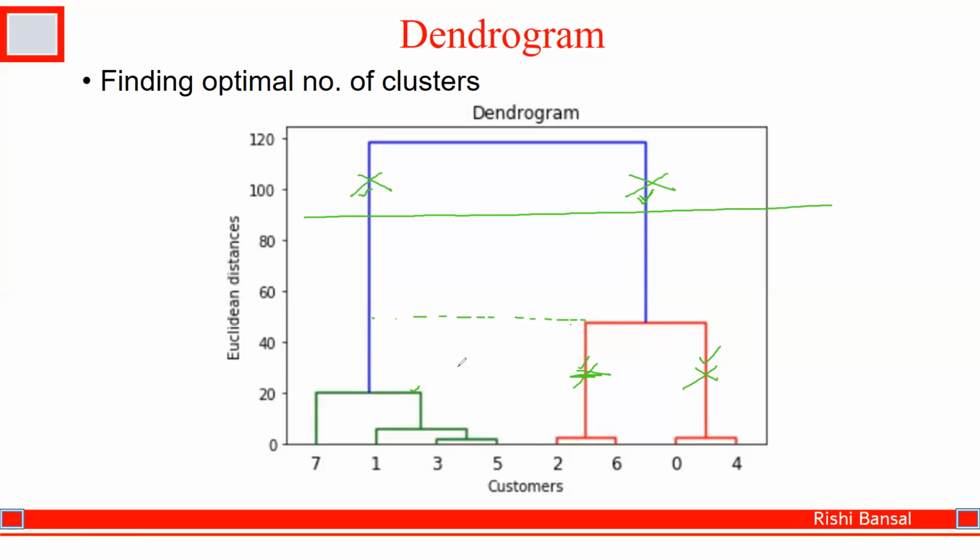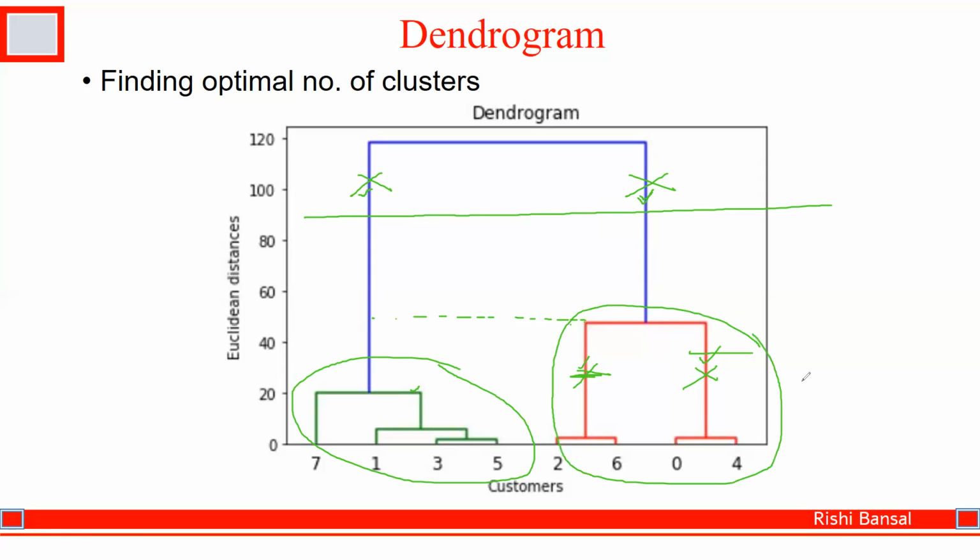So we are remaining with only this cluster and this cluster. So a total of 2 clusters is optimum in our case. One has 7, 1, 3, 5 and the other has 2, 6, 0, 4. So this is how you select the optimum number of clusters using the dendrogram.